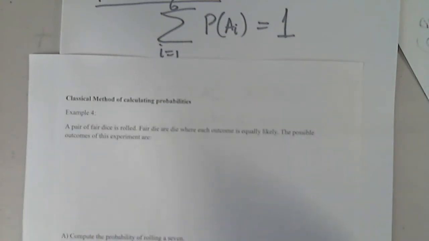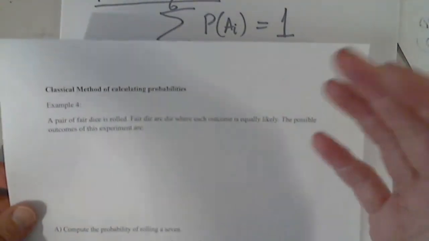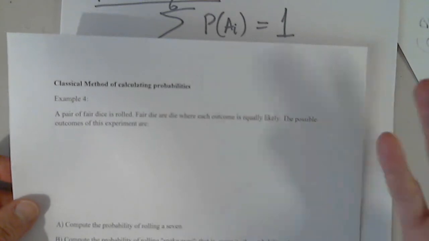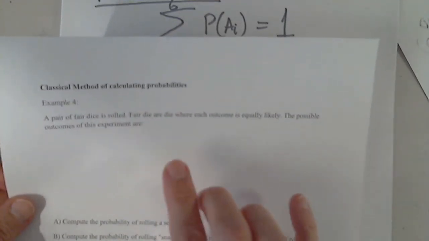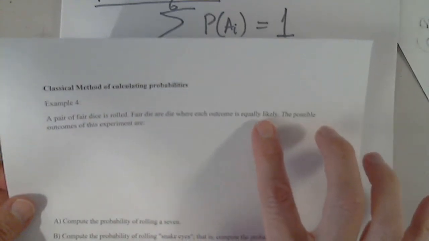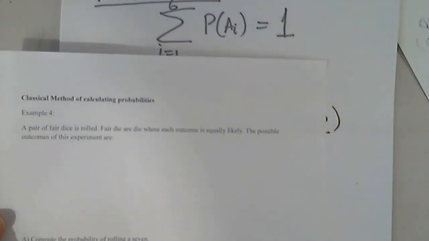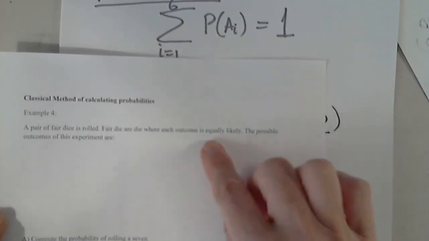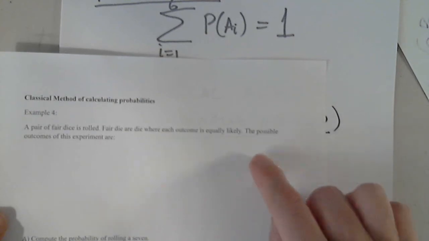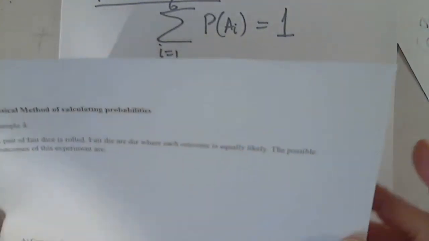I know some people use that cheating method of putting more weight on one side or the other of a die, but we consider that they are fair, so all the probabilities are equally likely. Rolling a die that is considered fair means that all faces have equally likely chances of facing up. So that's why we call them fair.